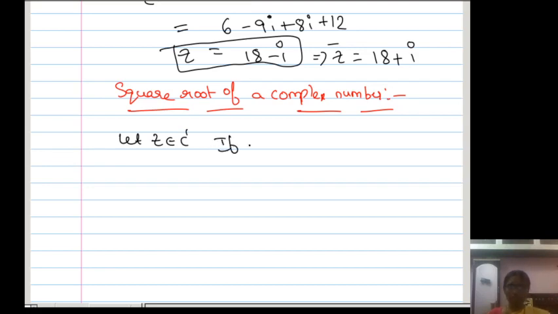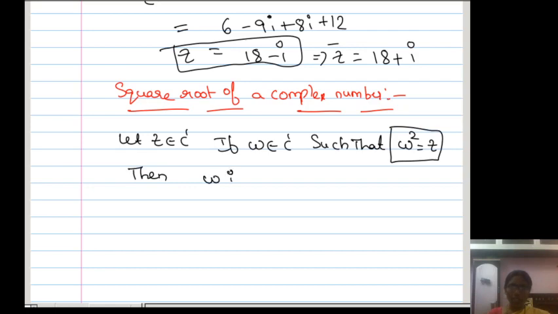If W belongs to C, another complex number, satisfies the condition W square is equal to Z, then W is called a square root of Z.